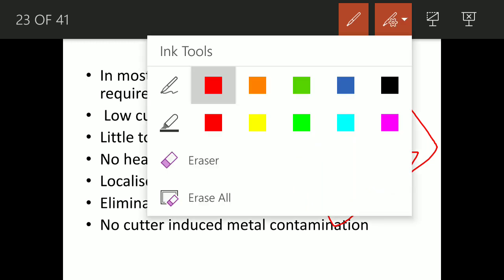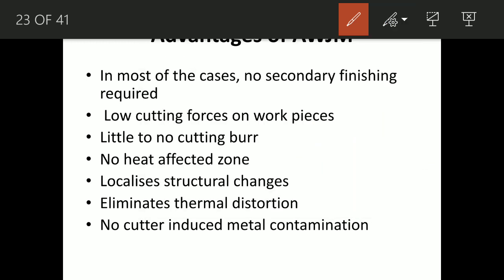In this process there will be no burrs and no heat affected zone. As there is no thermal energy involved, there will be no heat affected zone. Structural changes are localized only very near the cut, and there are no widespread structural changes over the whole of the material.